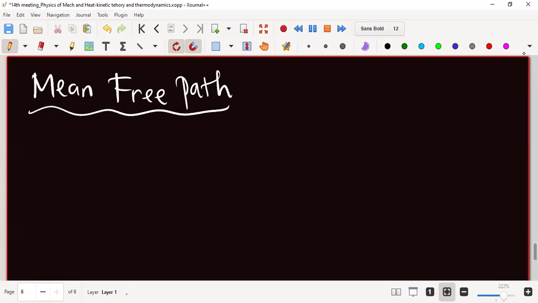In the mean free path here, you can consider that the molecules or atoms can travel through the space. For example, here there are other molecules or other atoms.